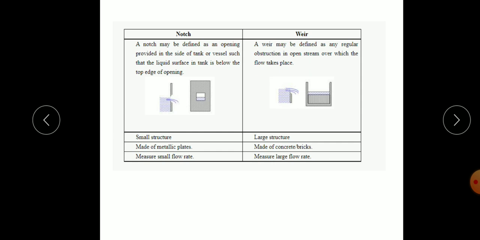A weir may be any rectangular obstruction in an open stream over which flow takes place. So notches and weirs are basically used to measure the flow rate of water in open channels and dams.